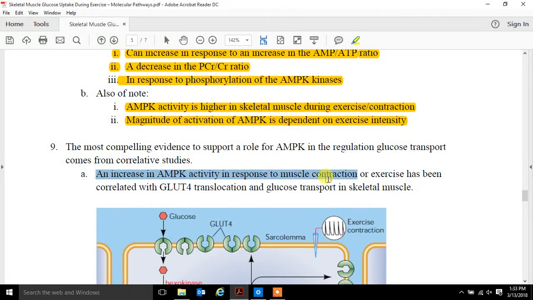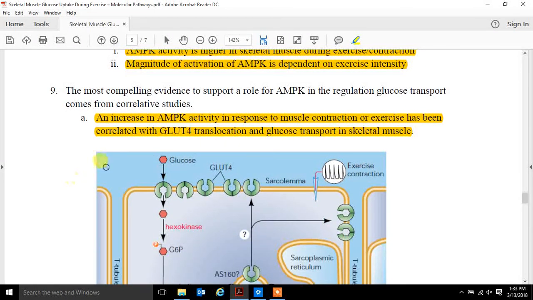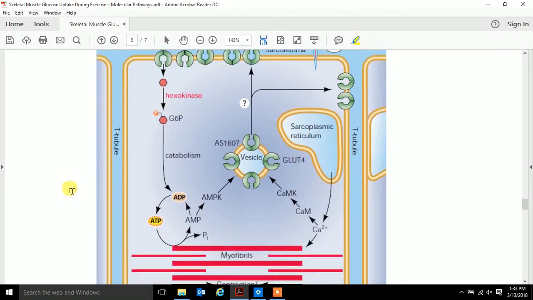So we've seen that in individuals who have a high AMPK activity in response to muscle contraction or exercise, they also have GLUT4 translocation and glucose transport within skeletal muscle. So a lot of this within human studies is going to be due to biopsies. You exercise, we take a small tissue sample, we rapid freeze it, and then we can go in and look at the different components.